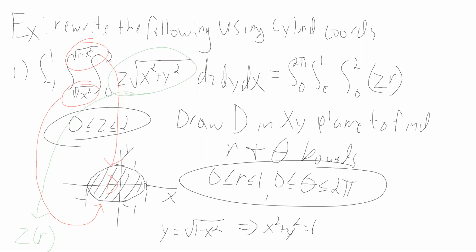And then when we change to cylindrical coordinates, remember this whole thing is dv. Our dv is r dz dr d theta. So let's just multiply everything by r.